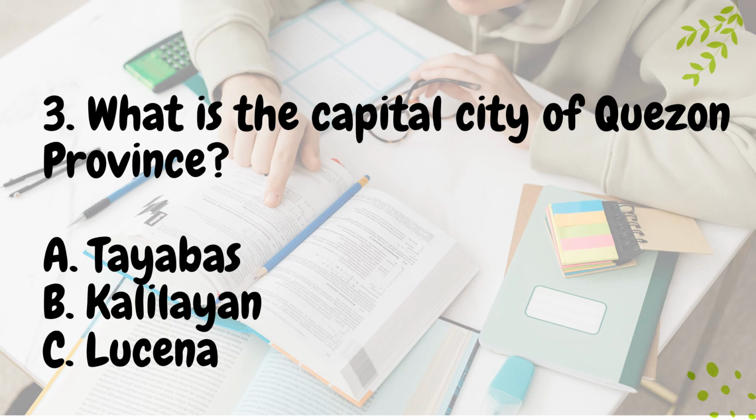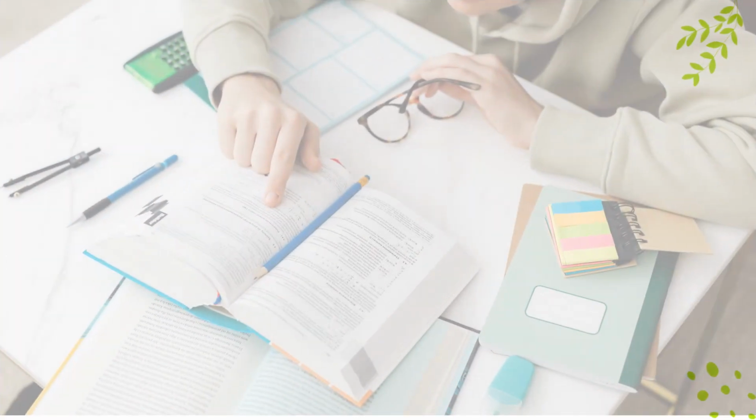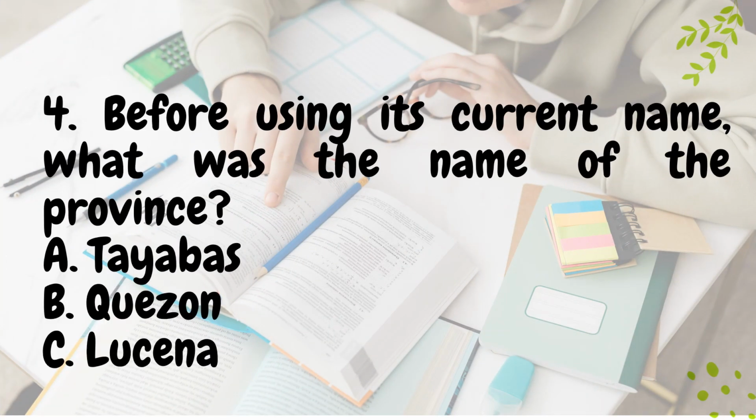Number 3, what is the capital of the Quezon province? Is it A, Tayabas, B, Calilayan, or C, Lucena? For number 4, before using its current name, what was the name of the province? Is it A, Tayabas, B, Quezon, or C, Lucena?